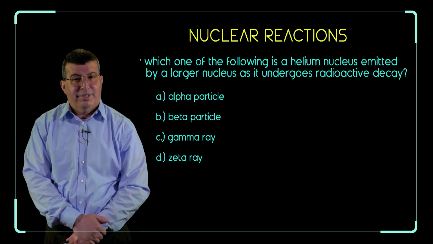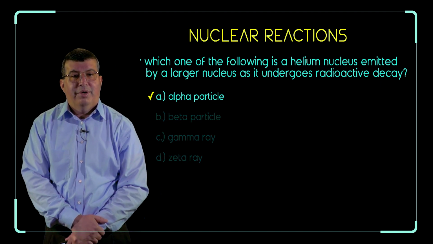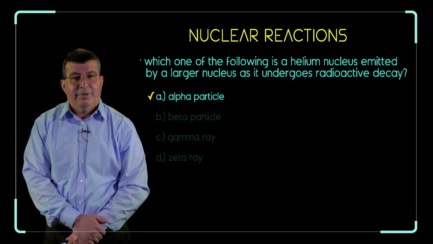The correct answer here is A, an alpha particle. Remember that when a helium nucleus is emitted by a larger nucleus, we call that helium nucleus an alpha particle.